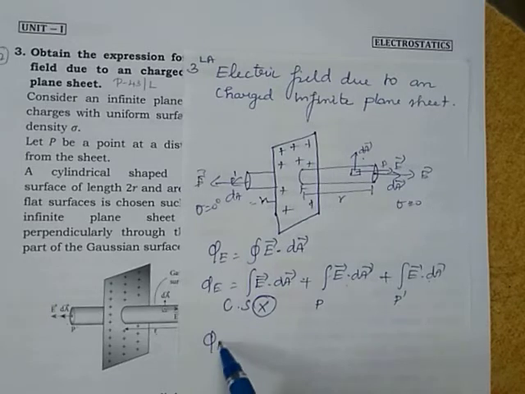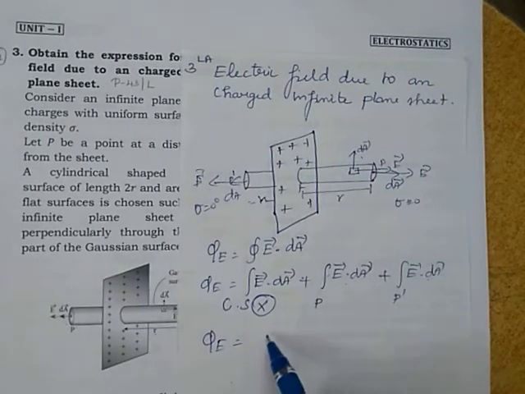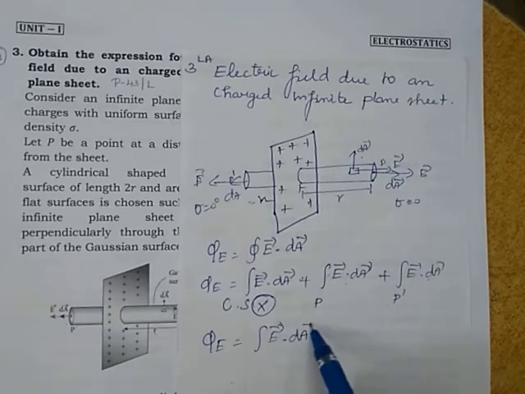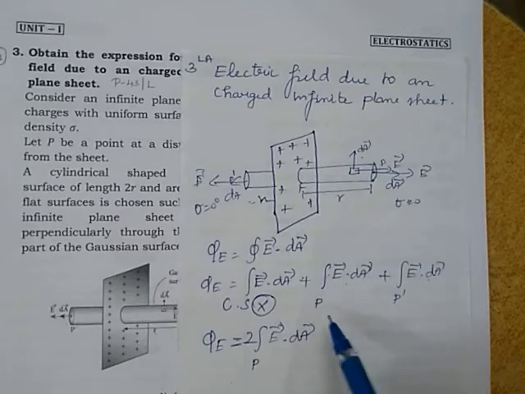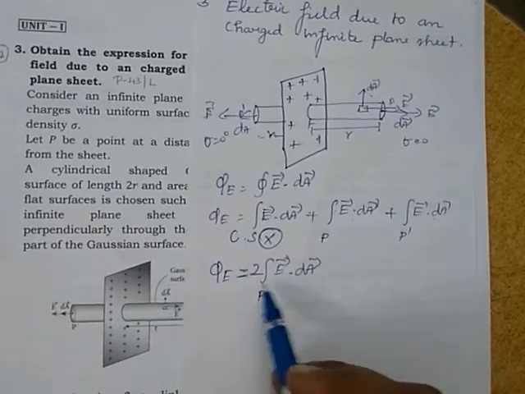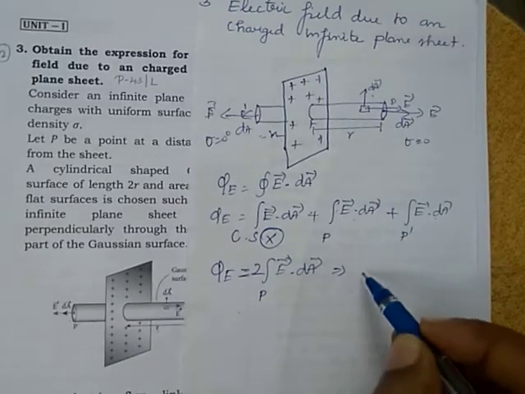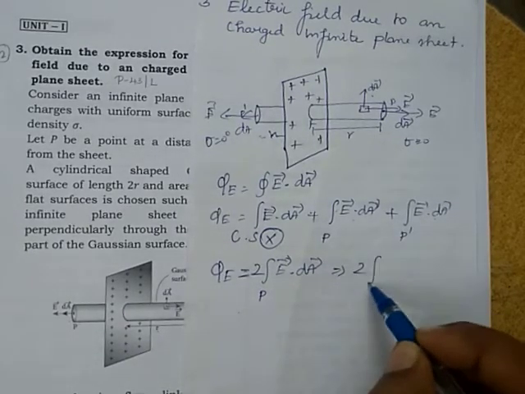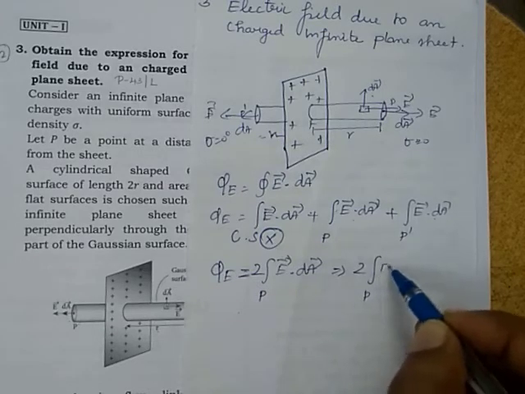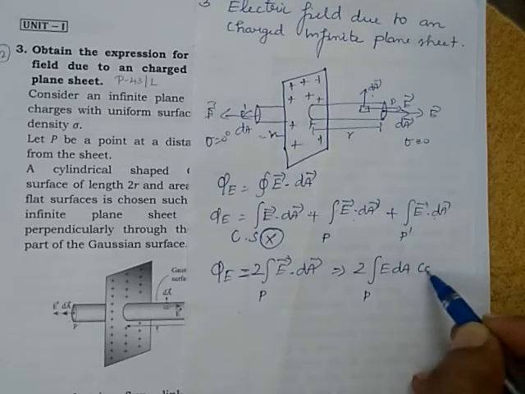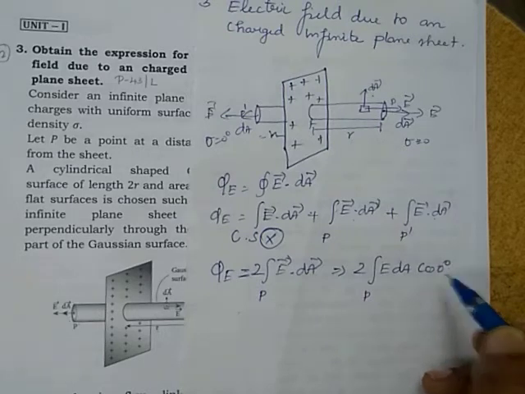This will become E vector dot dA vector, that is P. Here I put 2 because the point P and P dash are at the same distance. So this became 2 integral of P E dA cos 0 degree, cos 0 became 1.